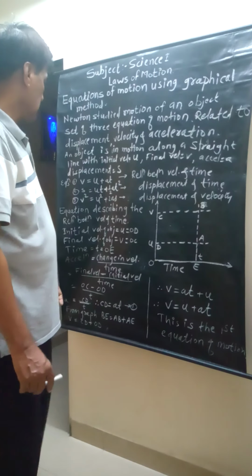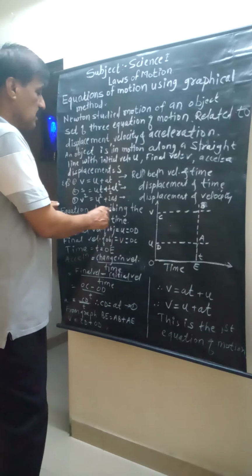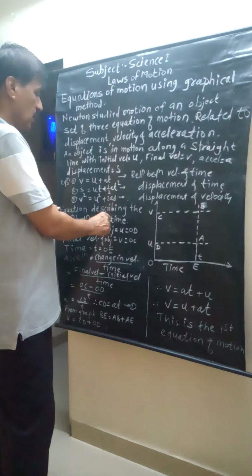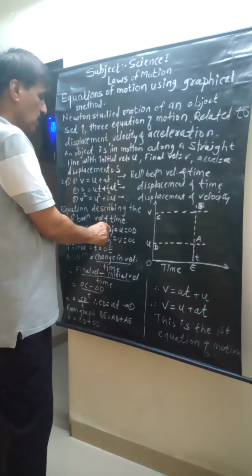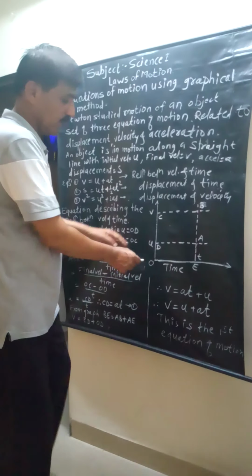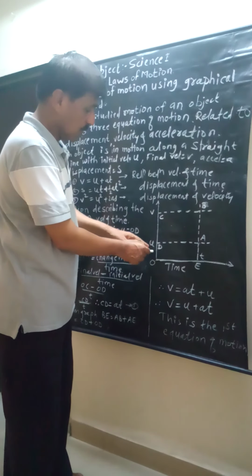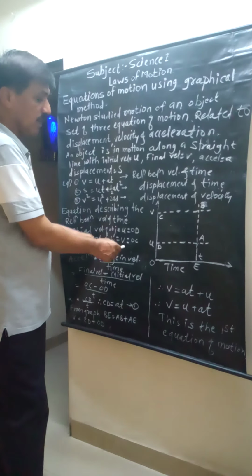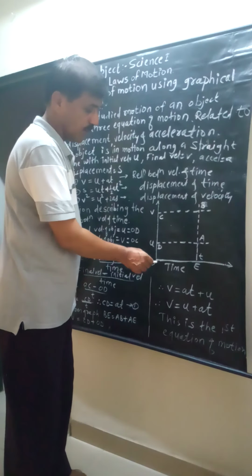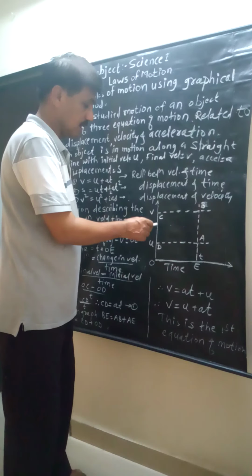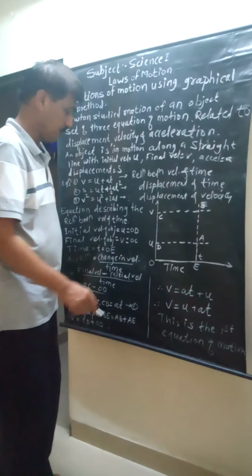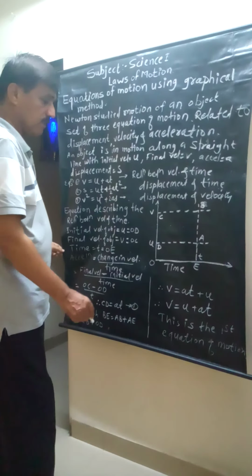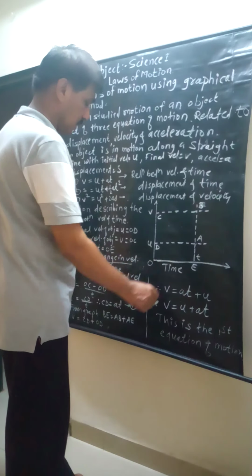Now this equation describes the relation between velocity and time. Initial velocity of the object u, this u is OD. Final velocity of the object v, from here to here, that is OC. And time t. Time is OE.